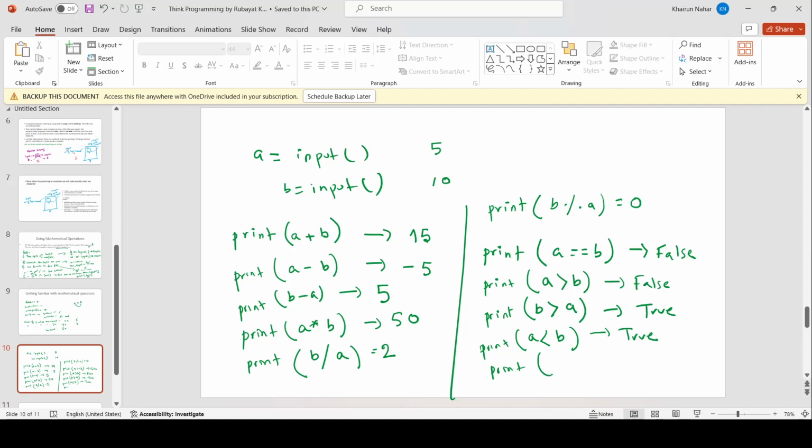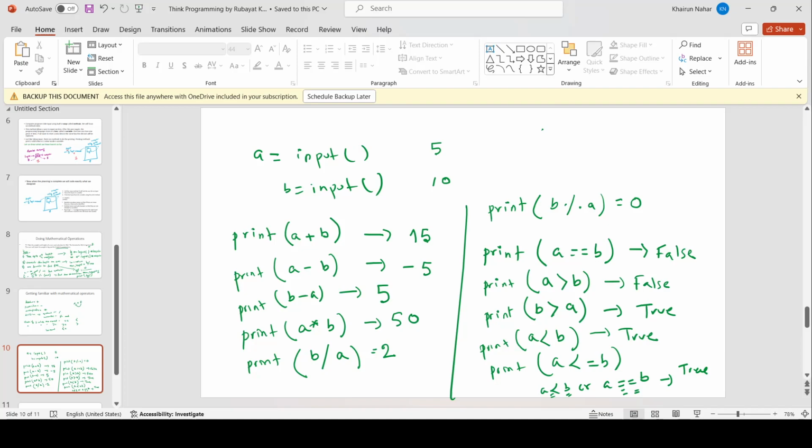If I print a less equal b, this means the check will be if a is less than b, or a double equals b. If one of them is true, the result will be true. And in order to be false, both of these conditions have to be false.